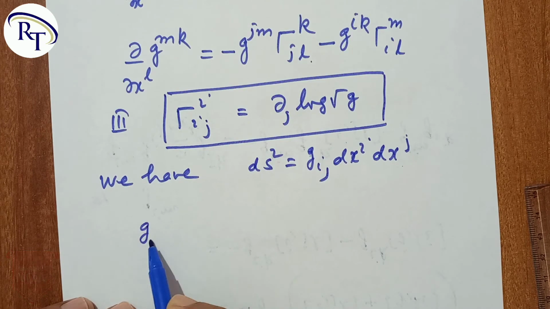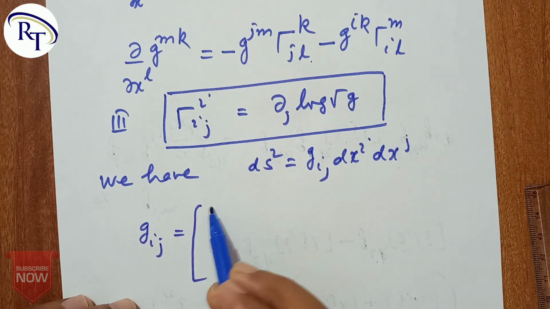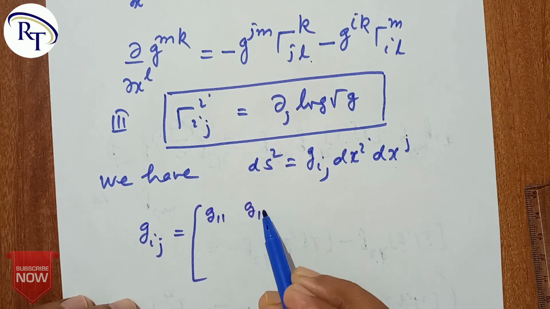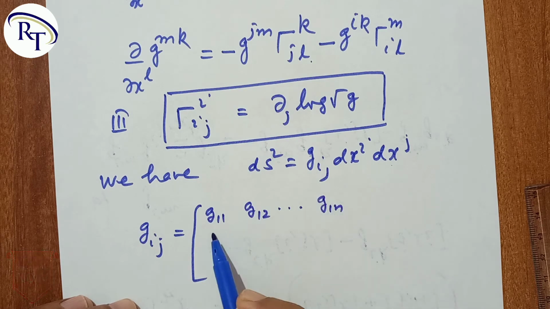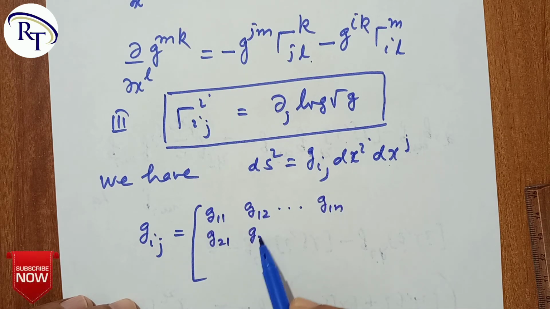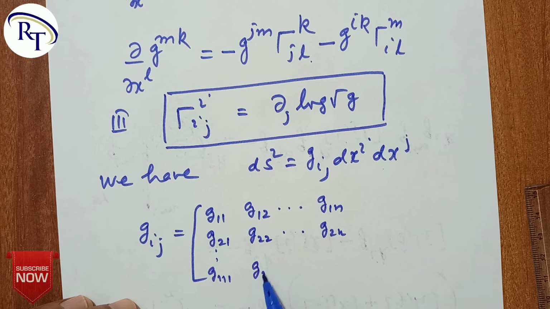So g_ij equals the matrix with rows g11, g12, g13, up to g1n; g21, g22, up to g2n; and g_n1, g_n2, up to g_nn.